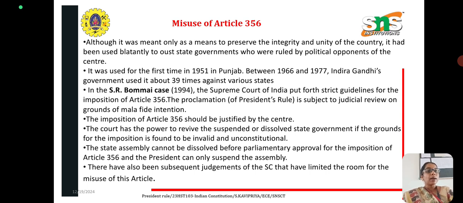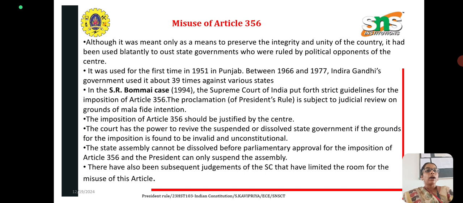In the S.R. Bommai case 1994, the Supreme Court of India put forth strict guidelines for the imposition of Article 356. The proclamation is subject to judicial review on the grounds of mala fide intention, and the imposition of Article 356 should be justified by the centre.